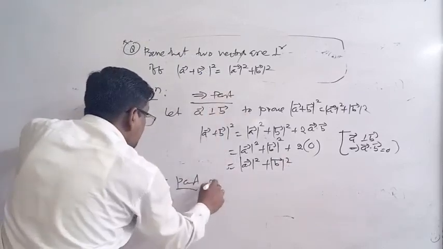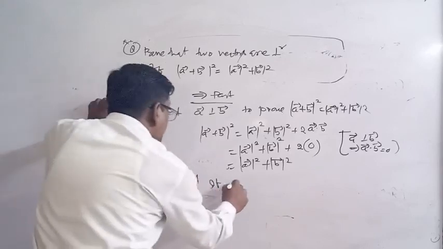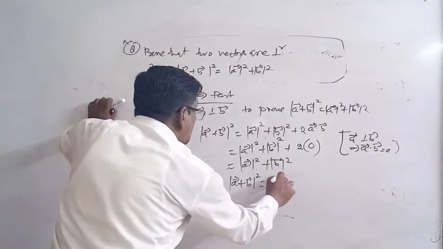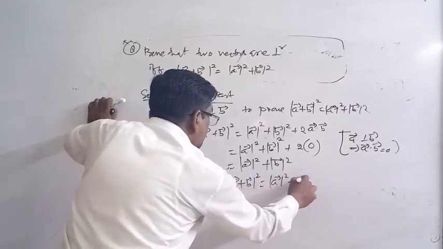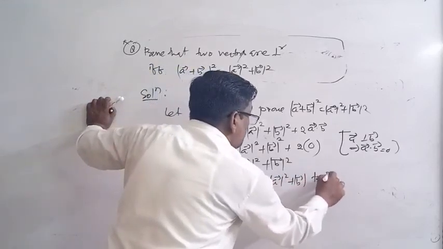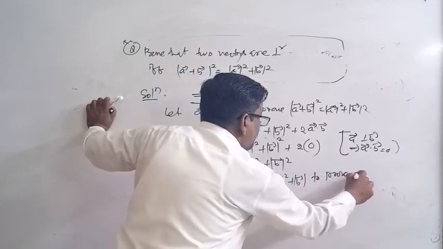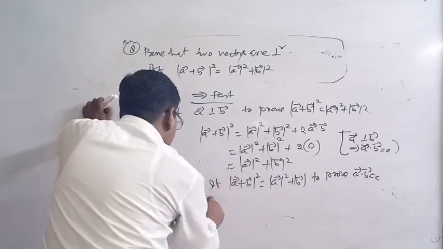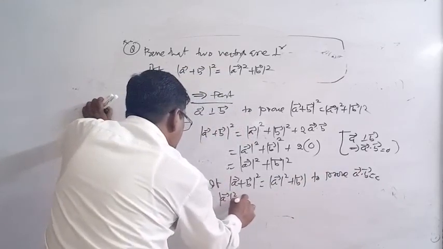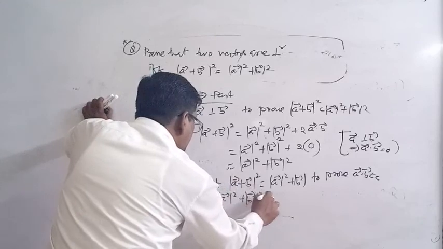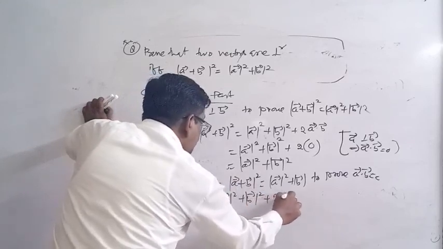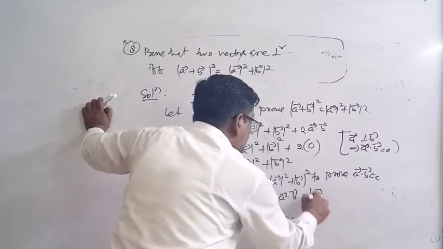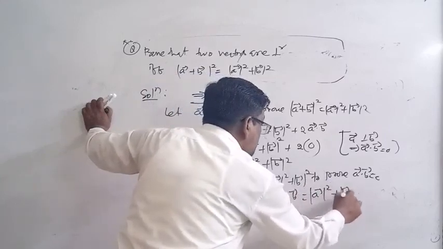Now the reverse part. If magnitude of A plus B whole square is equal to magnitude A square plus magnitude B square, to prove A dot B is equal to 0. Simple thing, expand this: magnitude A square plus magnitude B square plus 2 into A dot B is equal to magnitude A square plus magnitude B square.